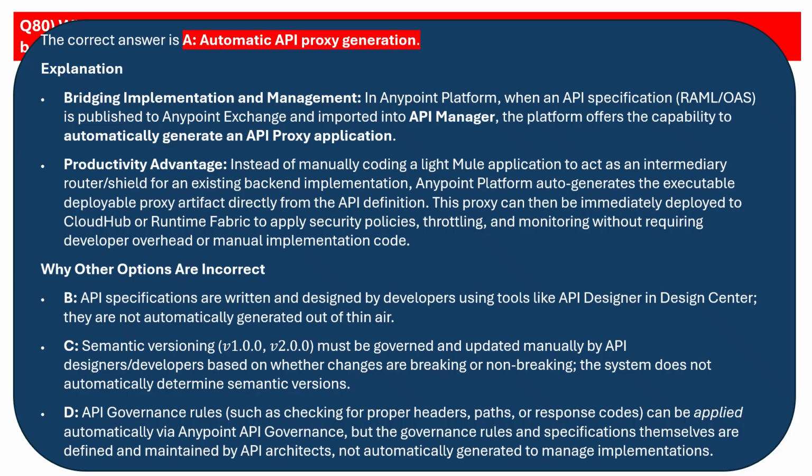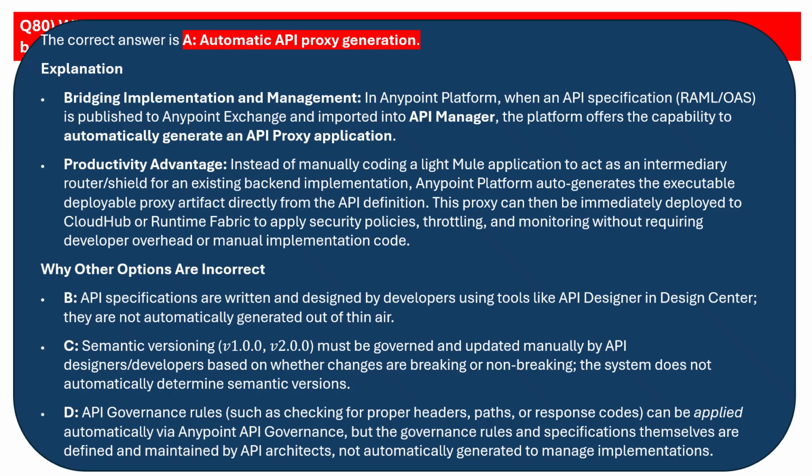Instead of manually coding a light Mule application to act as an intermediary router/shield for an existing backend implementation, Anypoint Platform auto-generates the executable deployable proxy artifact directly from the API definition. This proxy can then be immediately deployed to CloudHub or Runtime Fabric to apply security policies, throttling and monitoring without requiring developer overhead or manual implementation code.